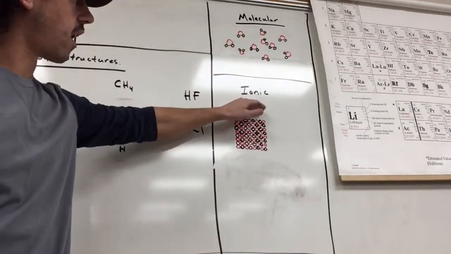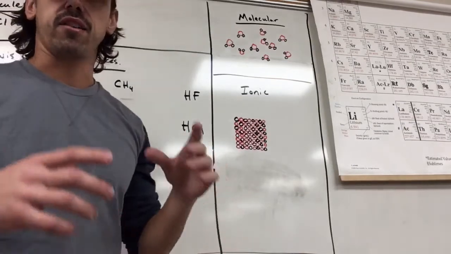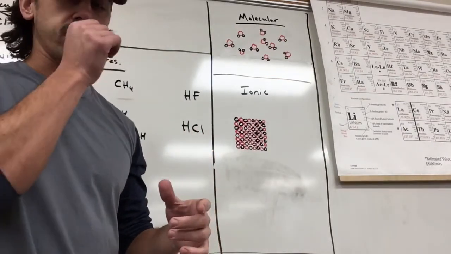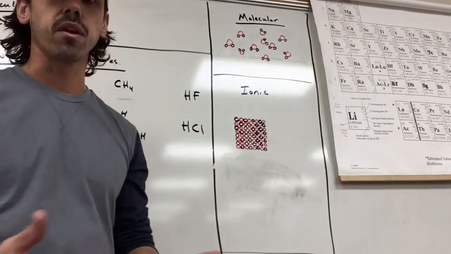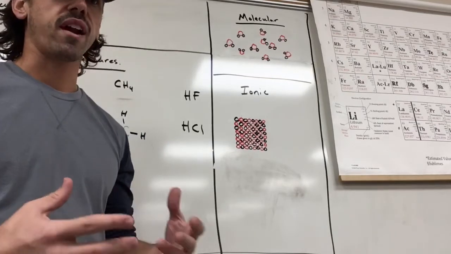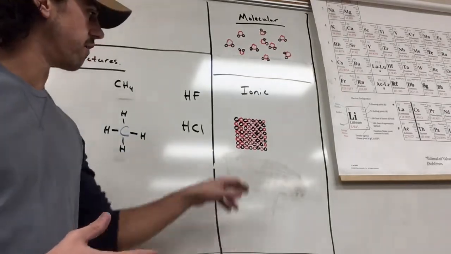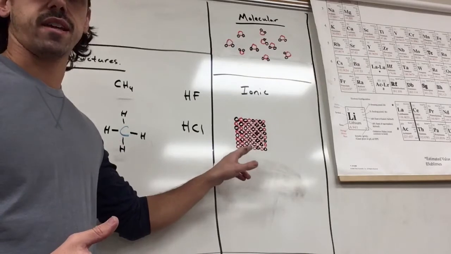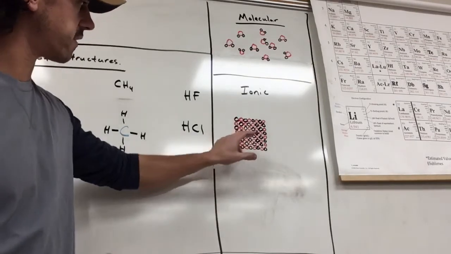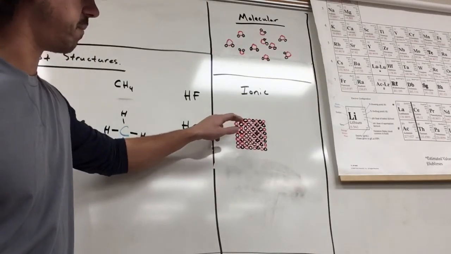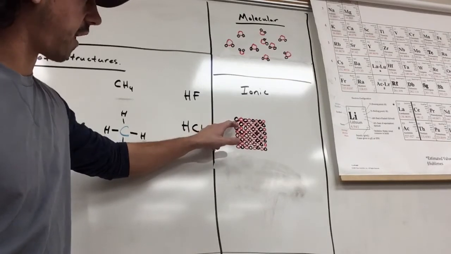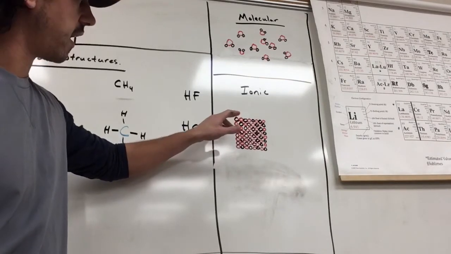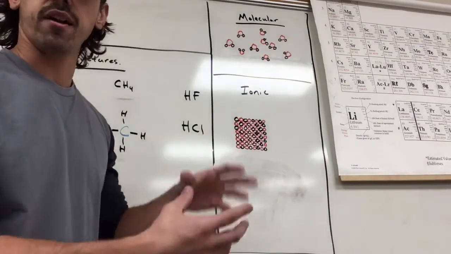Whereas with our ionic compound, we don't have that discrete unit. Our representative unit is what we call a formula unit, and that is just a ratio of cations to anions. This anion is ionically bonded to this cation, which is ionically bonded to this anion, and each of these are bonded to each other.